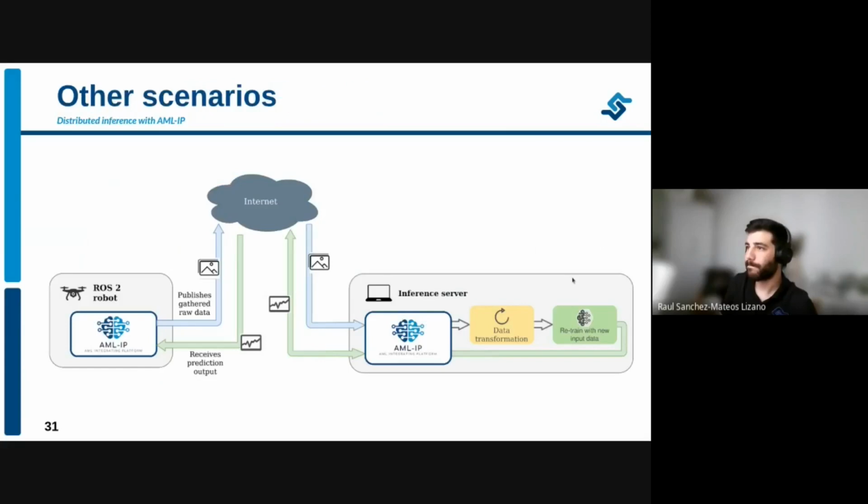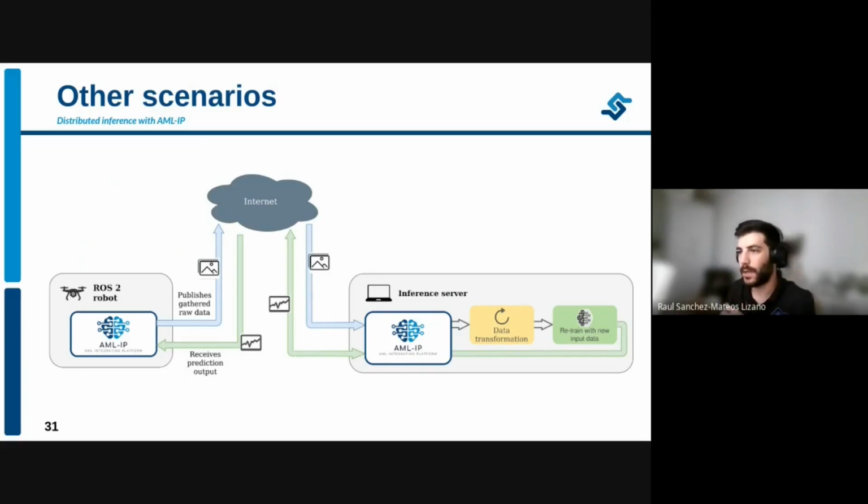And also, I just wanted to present some other available scenarios. I've presented the one in which I have the robot and the PC or the laptop running within the same network, but of course, you can use AML-IP to deploy everything in a distributed way, in which you have the ROS robot on one network, then the inference server deployed on the cloud or any other network, and communicating everything through the internet thanks to the AML-IP agent nodes that I've mentioned before.